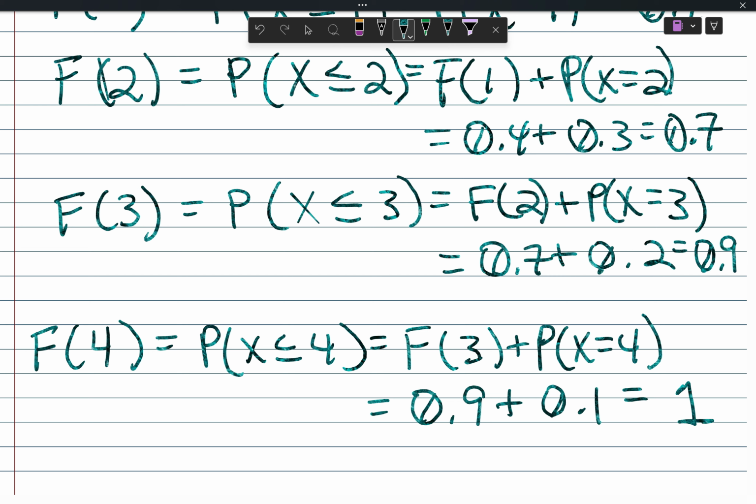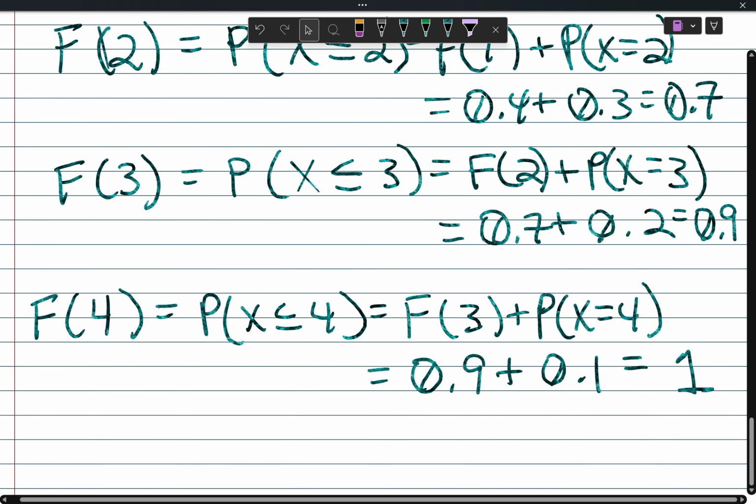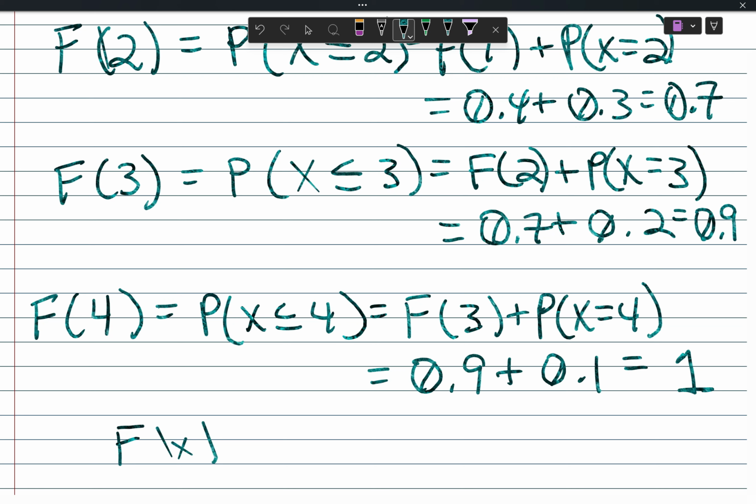All right, so it remains to determine F(x) for all x values that are not in the sample space.